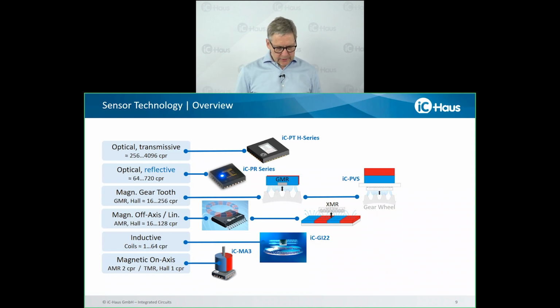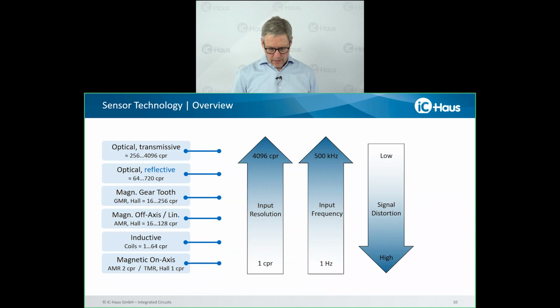So in this case, you can get a higher input resolution than with any magnetic type of detector. Now, what I'm going to point out here is that the input frequency climbs up with the input resolution, but not so distortion. So we have to expect the highest nonlinearity when the input resolution is poor.